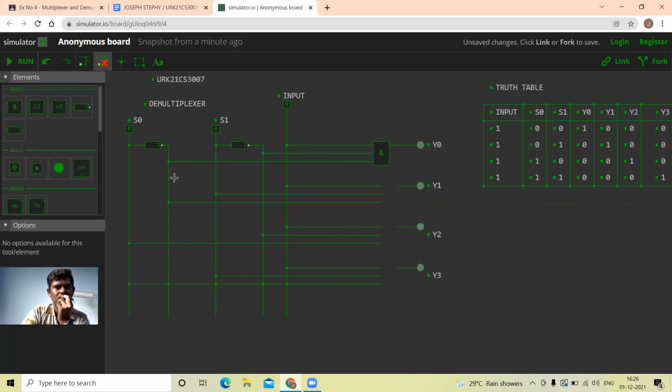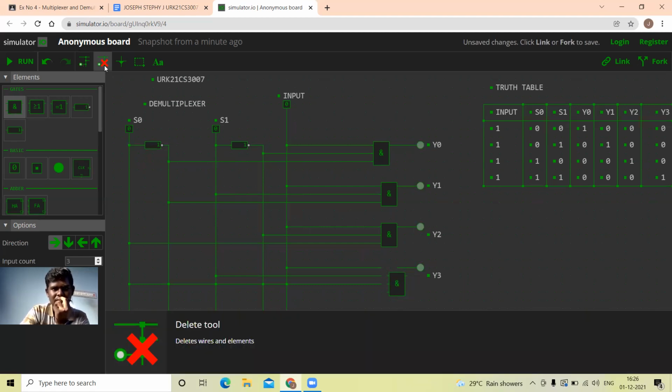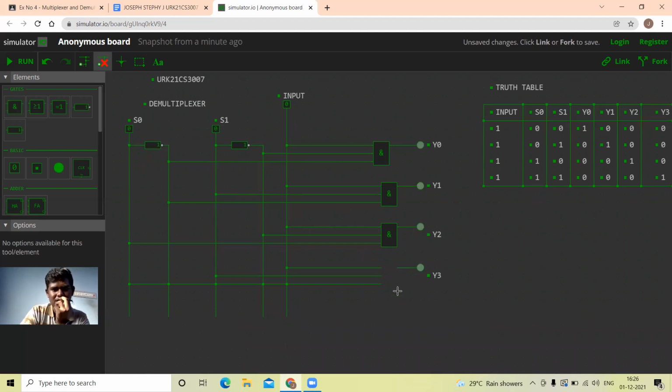I used an XOR gate, but we have to use an AND gate. That's where I made the error. I was always searching for where I did it wrong. But the real portion is this, where I did it wrong. Just now identified, ma'am.